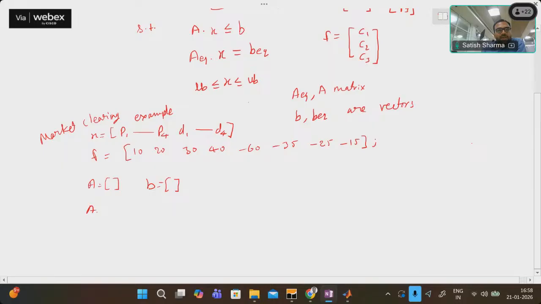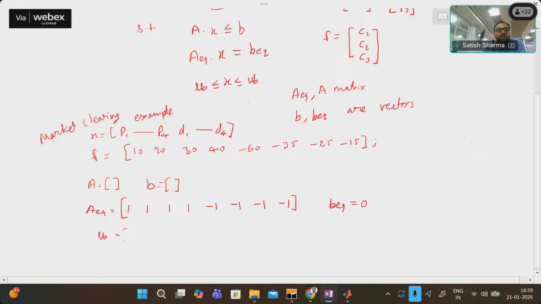I would say Aeq will be a matrix, and only one equation is there, so it will be 1 by the number of variables. So it's like p1 plus p2 plus p3 plus p4 minus d1 minus d2 minus d3 minus d4, and beq is equal to 0. That is for market clearing.